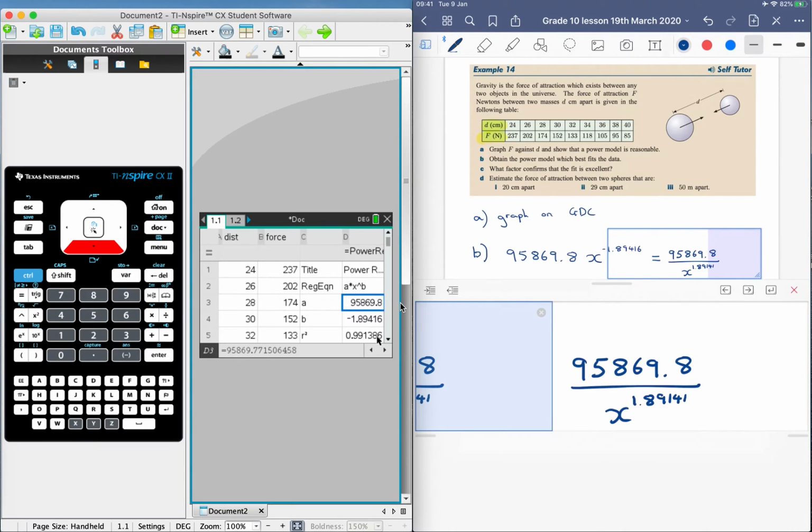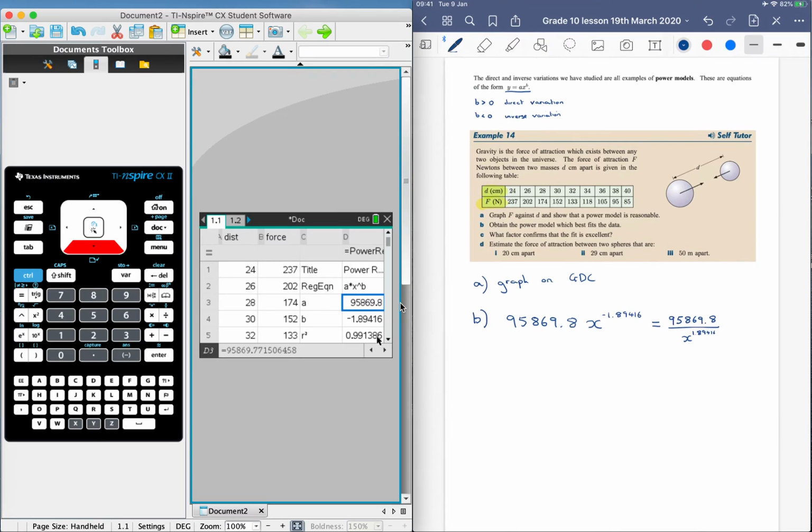Oh no, there's not a 1 there. This is why I should do it neat. Four, 1, 6.